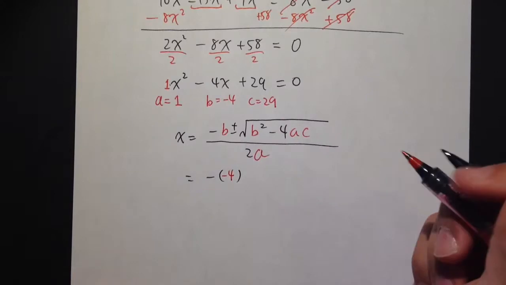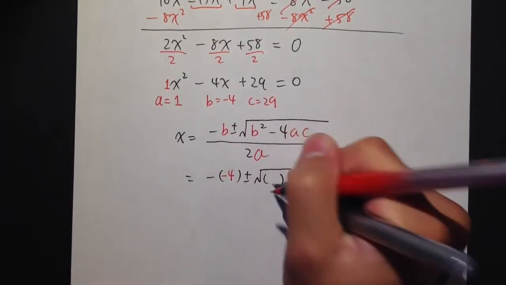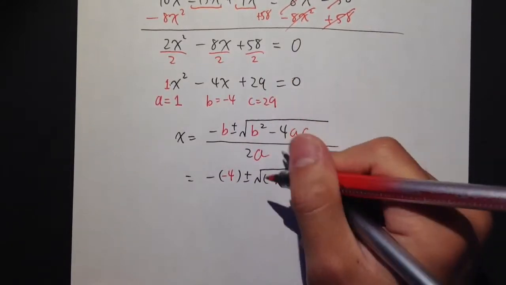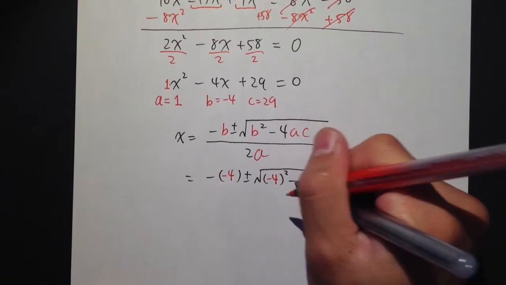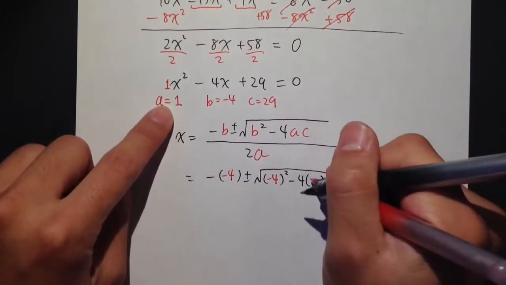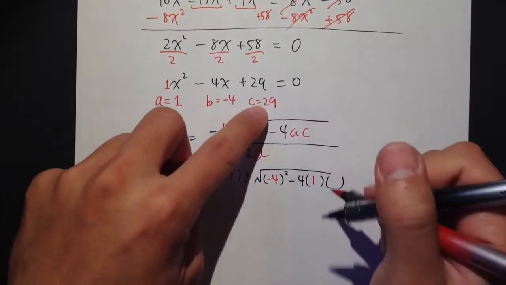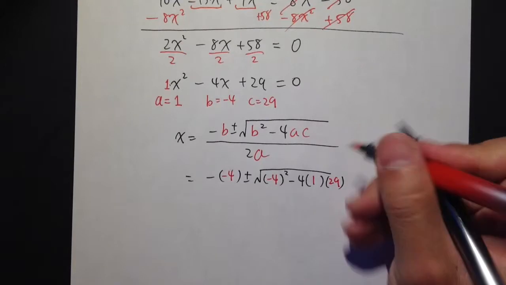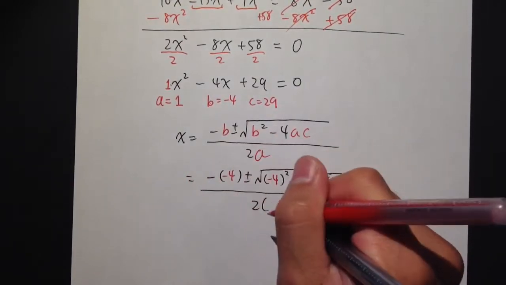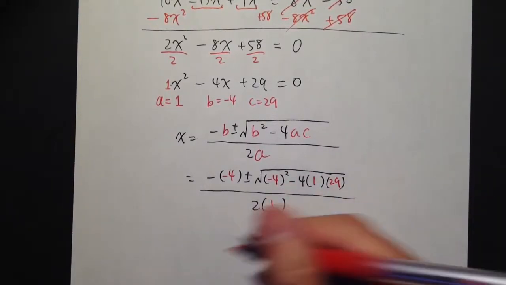I will have plus minus square root, after b open the parentheses, put in the negative 4, and that's raised to the second power, minus 4 times a, so open the parentheses, a is equal to 1, and c, I will just open the parentheses, c is equal to 29. Everything on the top over 2 times 1. Okay? So this is the setup.